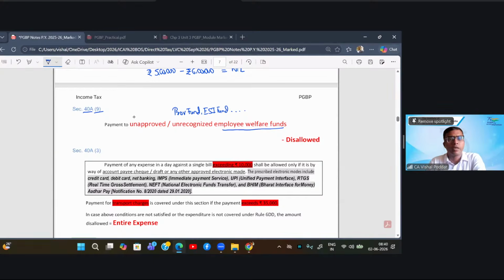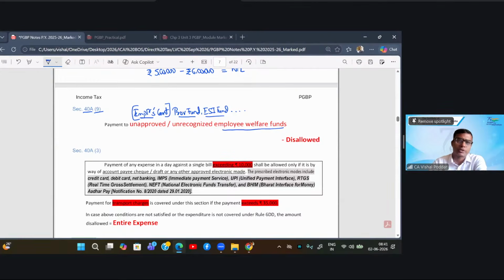Now, whenever you are making payment from your pocket, which is called employer's contribution, it is an expense for the employer. So when you are depositing in Provident Fund, ESI fund from your pocket, you can claim the deduction of this amount. All four conditions are satisfied. It is related to your business, current year, revenue nature, and it is not an offense. So we will allow it.